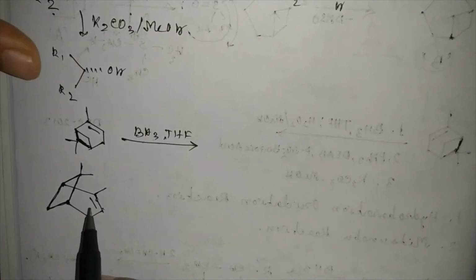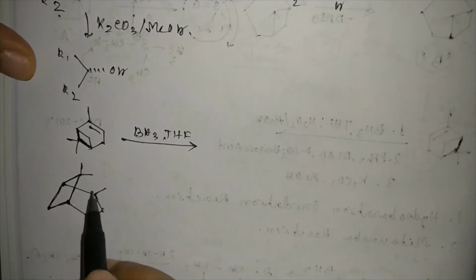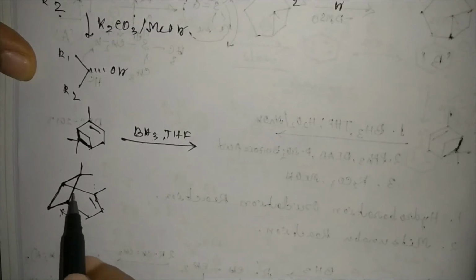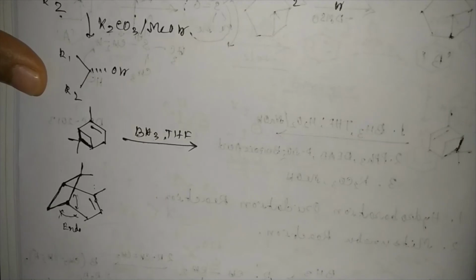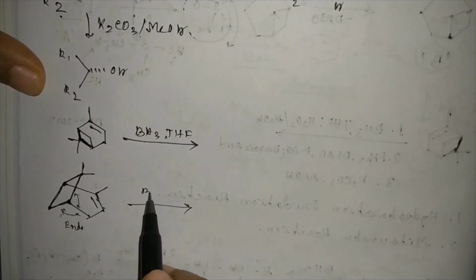Now it has two sides. One is endo and another is exo. This side is called exo side and this side is called endo side. Now if BH3 has to attack this double bond, we can see here that it is less hindered and it is more hindered.